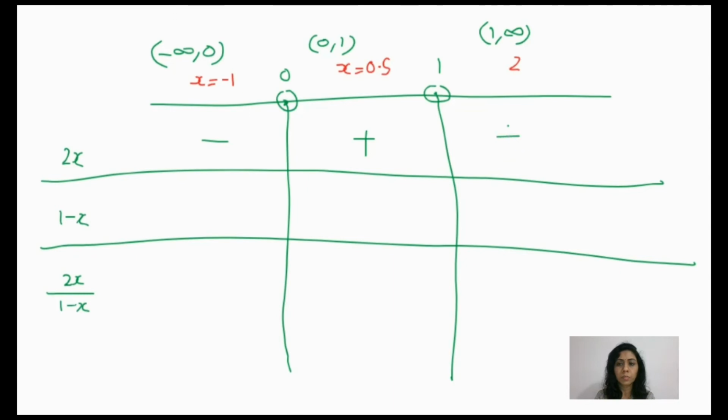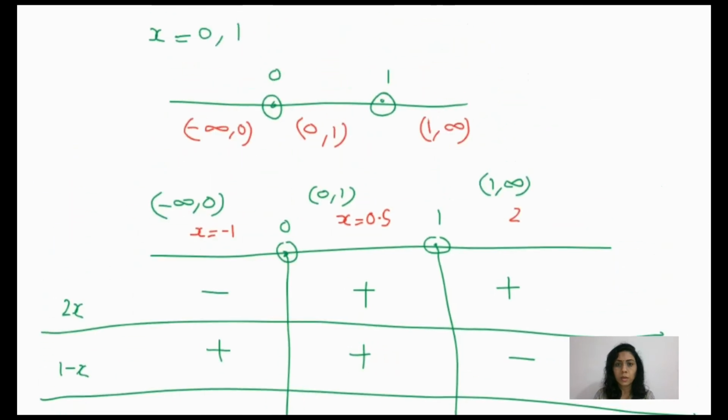So answer is in positive. x is equal to minus 1: minus, minus, plus; 1 plus 1 is 2, which is positive. 0.5, 1 minus 0.5, it is positive. 1 minus 2 is minus 1, so minus answer. And when we divide, because 2x upon 1 minus x, so answer is in negative. This is positive, this is negative.